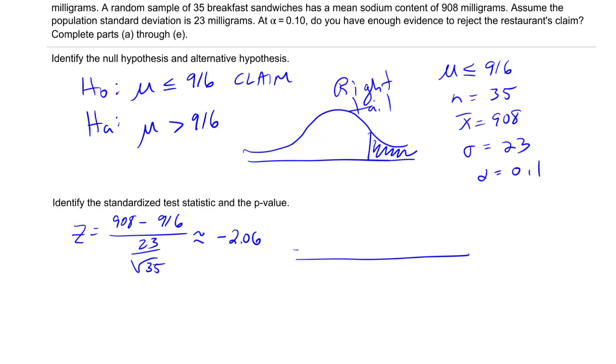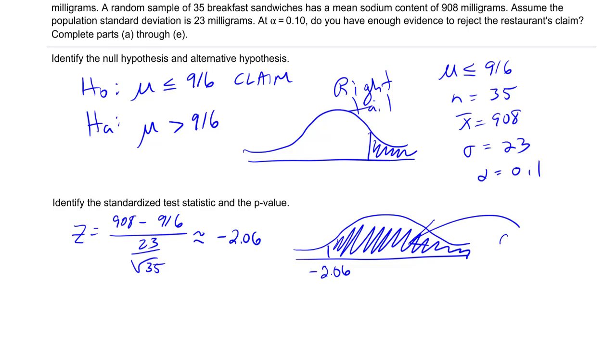Okay, here's the thing. It is a z of negative 2.06, but don't be fooled. This is a right tail. So this is all of this. And if you go and figure out this area to the right of negative 2.06, you're going to get about 0.980.